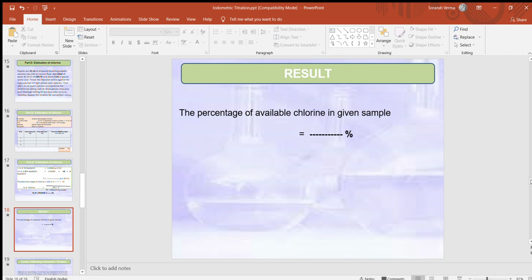So when you add this indicator at the beginning, you are going to get a diffused endpoint, because whatever iodine is there is going to sit inside the layers of the starch, and it is actually fixed with the amylopectin, and the phenomenon of absorption will be there. So once things are absorbed, it is very difficult to take them back.